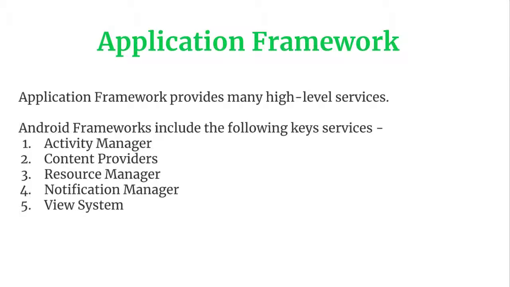Resource Manager provides access to non-code embedded resources such as strings, color settings, etc. The Notification Manager allows applications to display alerts and notifications to the user properly. And lastly, the View System is an extensible set of views used to create application user interfaces.